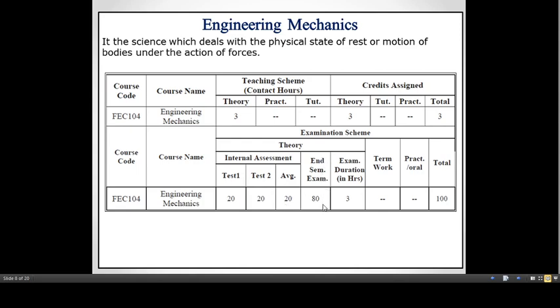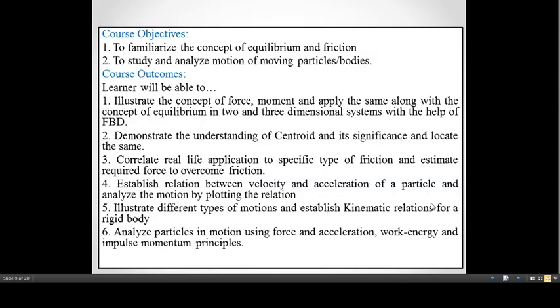End semester examination weightage is given 80 marks, and for the examination the duration is 3 hours. Means we are going to take the average of the first two tests and 80 marks for the final exam. Means total 100 marks weightage is given for the theory assessment.